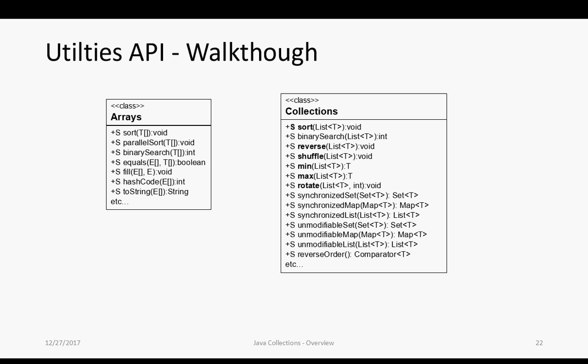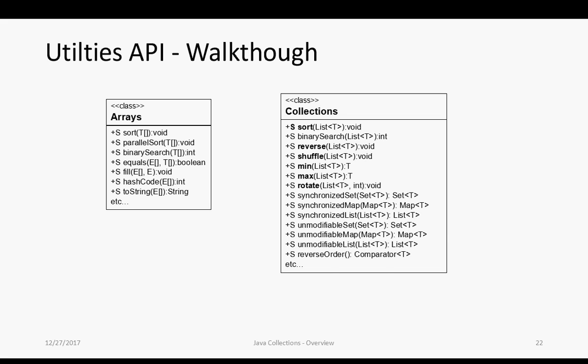I can search on the list, I can reverse the list, I can shuffle the elements within the list, and I can query for getting me the reverse order comparator, that is the opposite order. If I have increasing order, I may ask for the decreasing order.